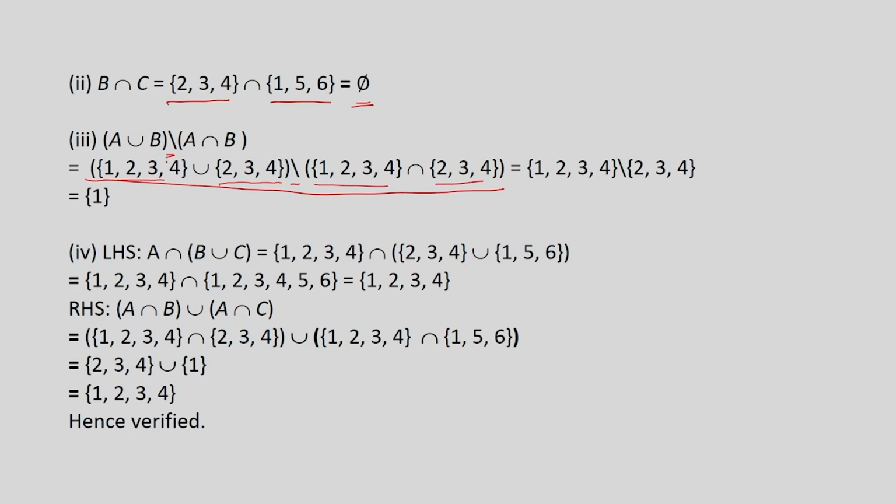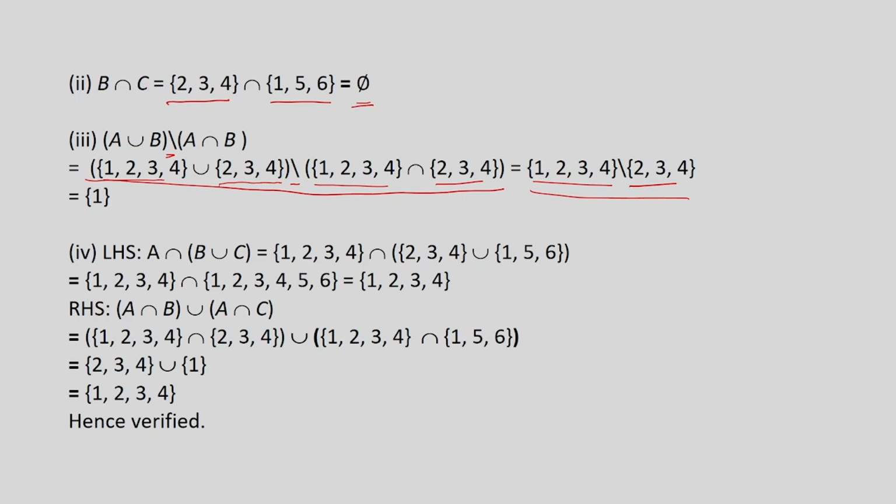Okay, now if we take the union of 1, 2, 3, 4 and 2, 3, 4, you get 1, 2, 3, 4. And if you take the intersection of 1, 2, 3, 4 and 2, 3, 4, what are the common elements? They are just 2, 3 and 4. So this is what we are getting, 1, 2, 3, 4 minus 2, 3, 4.